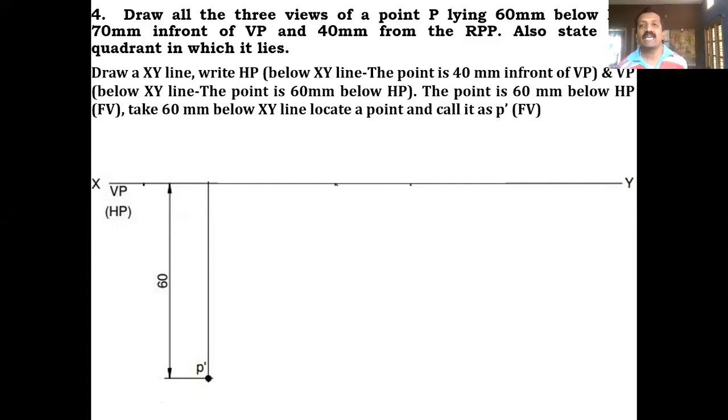The point P is lying 60 millimeter below HP. Below HP means the front view, and below HP means below the XY line I should mark. So you take 60 millimeter below the XY line, draw a horizontal projector line, locate one point over there and call that P dash. Why P dash? Because it is the front view. So this completes your front view.